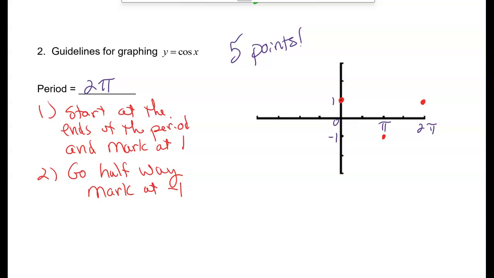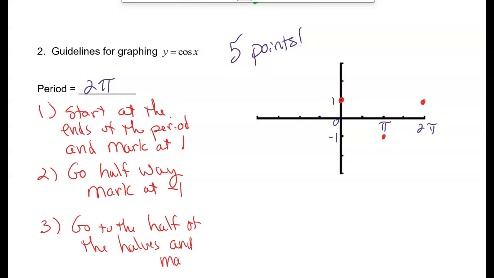Now, that's 3 points. How many do I need again? So then do the same thing we did again. Go to the half of the halves and mark your zeros.